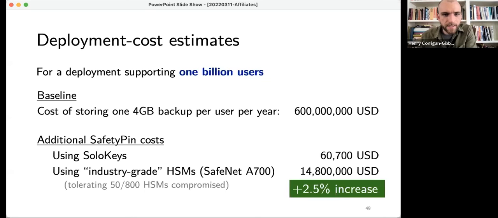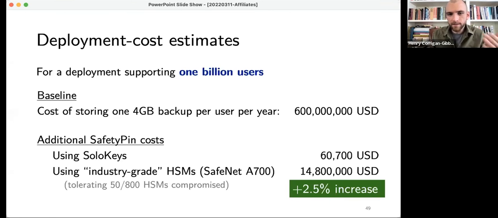And then the last thing we did is try to analytically calculate how much this would cost for a deployment that supports 1 billion phones, because really we're interested in the Google and Apple scale. So our estimate is that the cost of storing the data, say 4 gigabytes of data per user per year, is on the order of hundreds of millions of dollars.